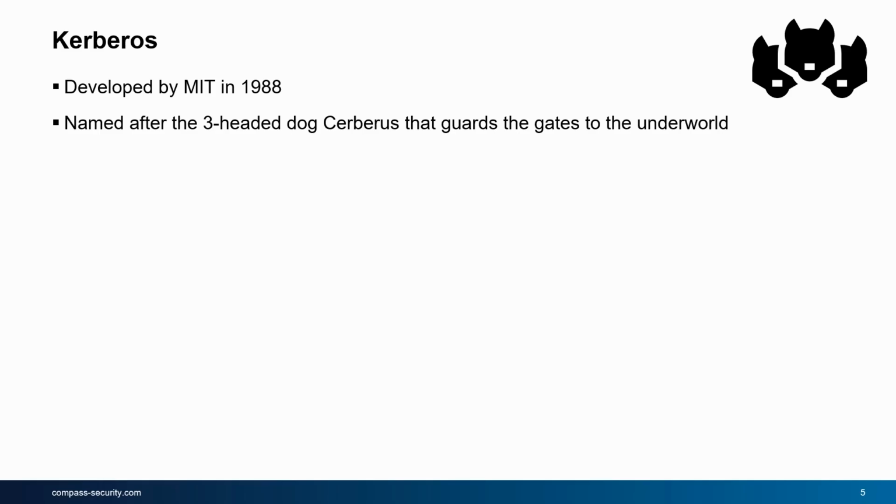Kerberos is named after the three-headed dog Cerberus that guards the gates to the underworld in the Greek mythology, and its main purpose is to serve as an authentication protocol in potentially untrusted networks. So the way it has been designed is that it allows secure authentication in a network or in an infrastructure where you might have potential adversaries eavesdropping on your communication.